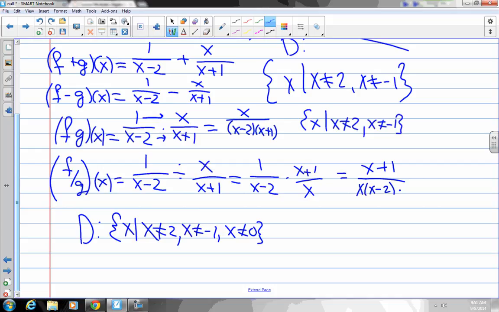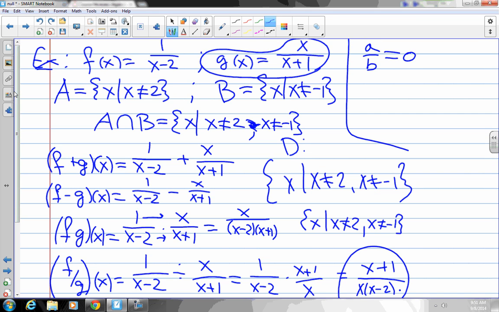The weird thing about this answer is that if you look at this function as it's written, you recognize that x shouldn't equal 2, right? You recognize that x shouldn't equal 0, because there is x in the denominator. But this doesn't tell you that there is also an issue with -1. But the issue from -1 was the way g is written originally. -1 does not play well with the g, so this is why we need to keep track of the original intersection.